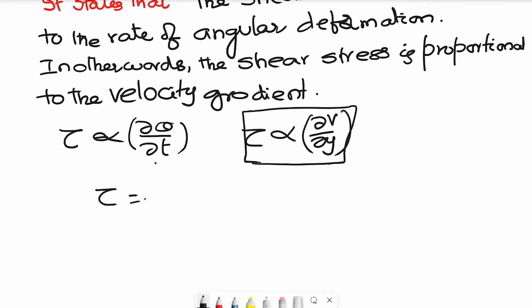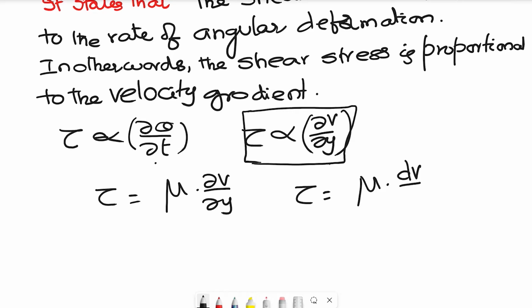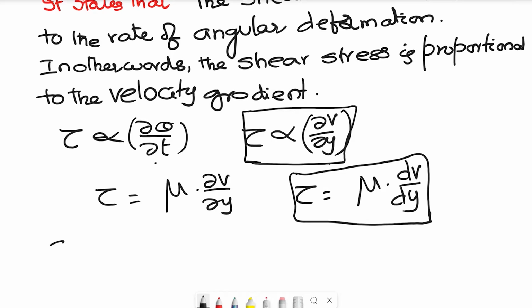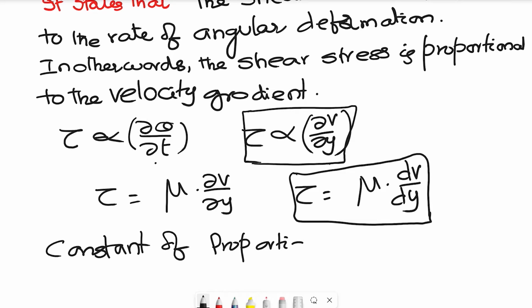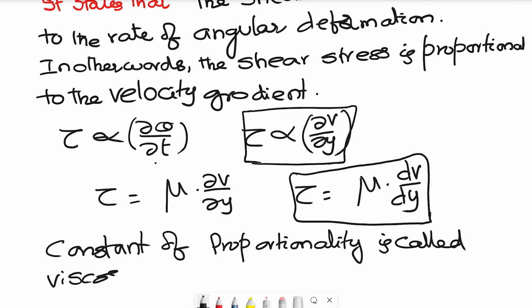Therefore, tau is equal to mu into dou v by dou y, and sometimes we write it as tau is equal to mu into dv by dy. Here the constant of proportionality is called viscosity, or more precisely, dynamic viscosity.